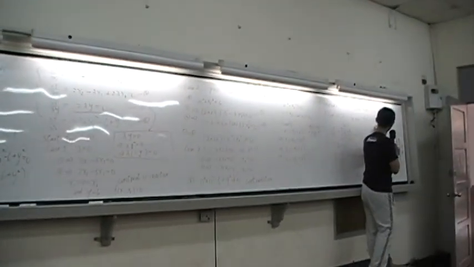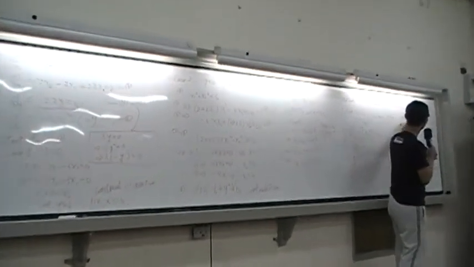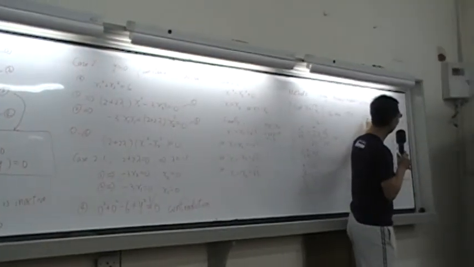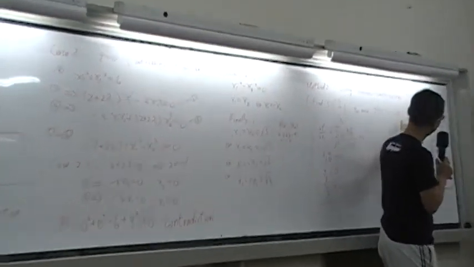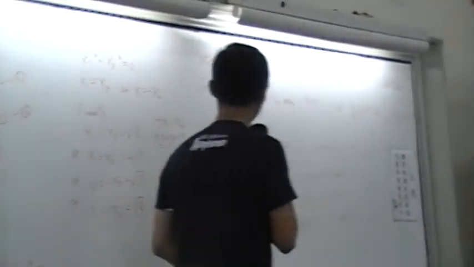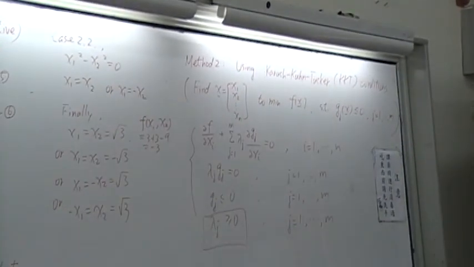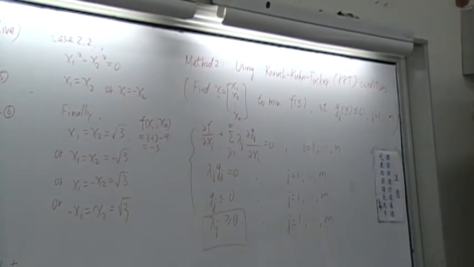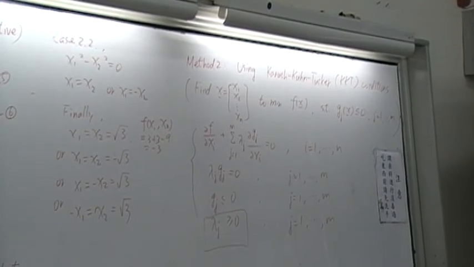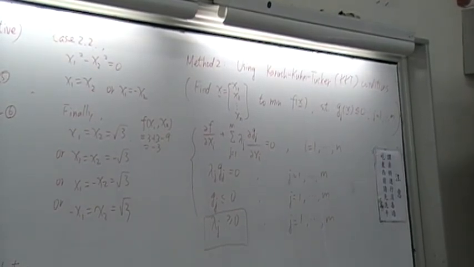So I hope you remember S.T. just means subject to or such that, okay? And over here I also try to write things down in a systematic way, and I hope that it's easier to understand. But if you have any other question, you can just let me know.